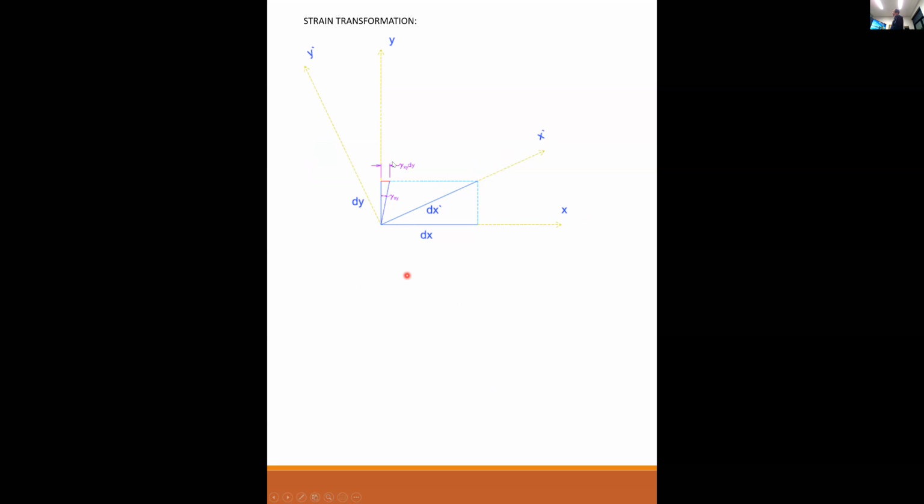Then we have a component due to the shear strain. If the element elongates from shear clockwise by angle gamma xy, then the element elongates along the x direction by gamma xy times dy. Remember this, the sine of a small angle is equal to the small angle. So we dropped the sine and just went small angle times the original height.